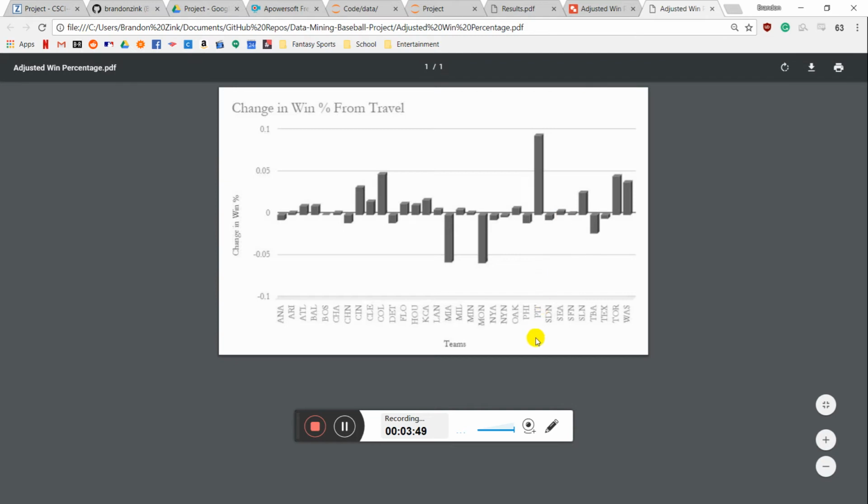As you can see, Pittsburgh actually saw a 10% increase in winning percentage versus what they should have seen based on their lack of travel, while the Expos and the Marlins both had a decrease in their winning percentage compared to the amount they had to travel compared to other teams. This actually resulted in last season, the Brewers should have made the playoffs over the Twins, considering the Twins had a greater or more helpful impact from their travel.